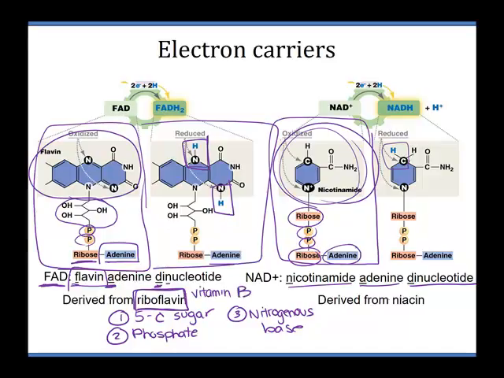I know it's one of our vitamin Bs. I don't know if it's B12 or B6 or B whatever. I just know it's one of them. So you need one of your vitamin Bs so you can generate your electron carriers in your cells. Same thing with niacin. I think that's another vitamin B too. So niacin you need in order to generate NAD and NADH in your cells.